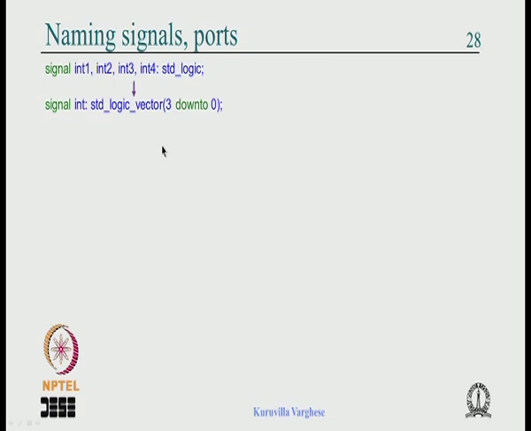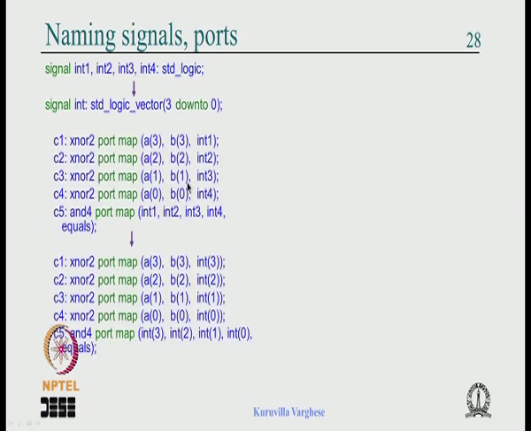The moment I write like that, the earlier code was written like this, A3, B3 and int1. Now instead of that I have changed the declaration to a 4-bit bus.